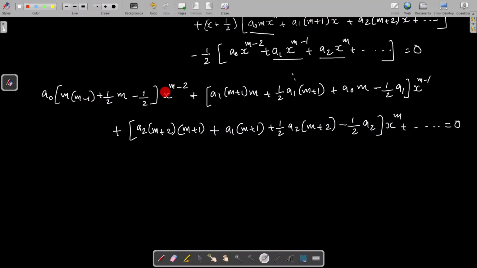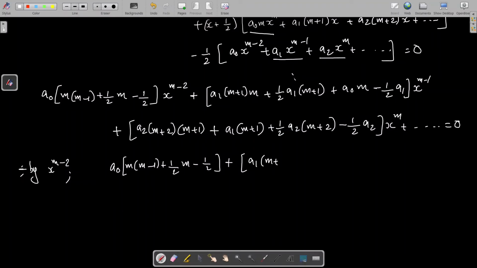Okay. Now you can see that the least power of x is x raised to m minus 2. So you divide the whole expression by x raised to m minus 2. Dividing by x raised to m minus 2, we get a0 into m into (m minus 1) plus 1 by 2 m minus half, plus, x raised to m minus 2 cancels, a1 into (m plus 1) into m plus half a1 into (m plus 1) plus a0 (m minus 1) by 2 a1, the whole into x raised to m minus 1 by x raised to m minus 2.